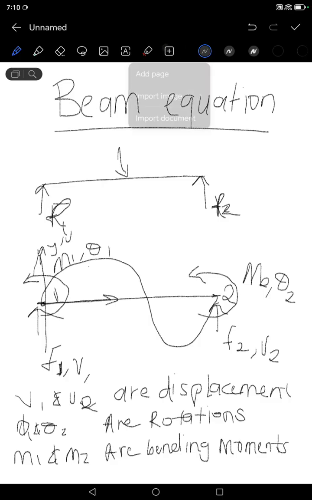So this one is the forces with V1 and V2 for displacement. The diagram that I'm drawing here, we're just gonna use to derive the equation, but I'm not gonna derive it. I'm just gonna write the equation that we're gonna use. We also have a diagram like this, with shear forces and the bending moment.